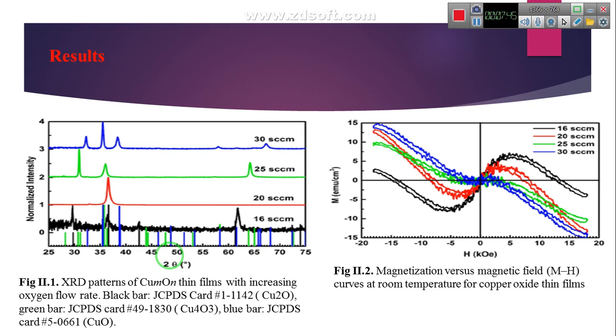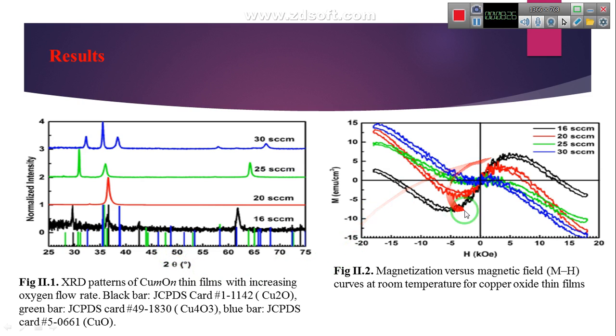At an oxygen flow rate of 20 standard cubic centimeters per minute, the XRD diagram shows the presence of an intense peak close to 36.58 degrees, which can be attributed to the reflection (111) of the cubic phase Cu2O. XRD analysis confirmed the presence of cubic, tetragonal and monoclinic structures of Cu2O, Cu4O3, and CuO films respectively.